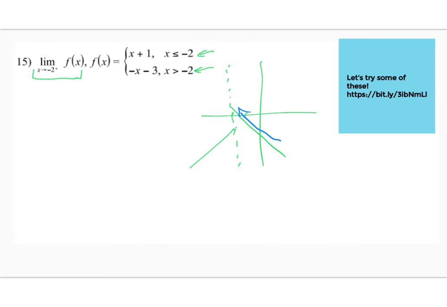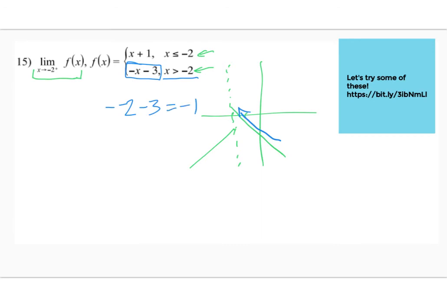If I take a look here, I know that x greater than occurs on the right side. So even though we don't see the visual there, we know we're using this function to make sense of what's happening here. When I plug in negative 2, so the negative 2 minus 3, we end up getting positive 2 minus 3, which is going to be negative 1.